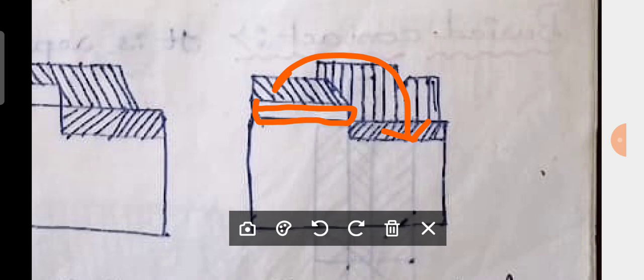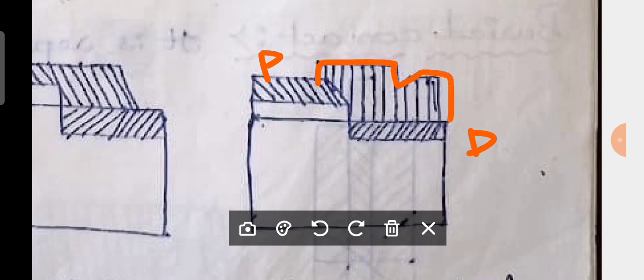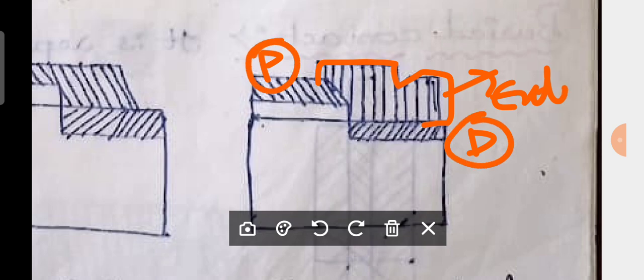That means poly is not coming over diffusion here. Here what we are doing is connecting this poly and the diffusion with the help of metal. By taking an external metal we are connecting this poly and diffusion. This type of contact is known as what? Butting contact. Is it understood?